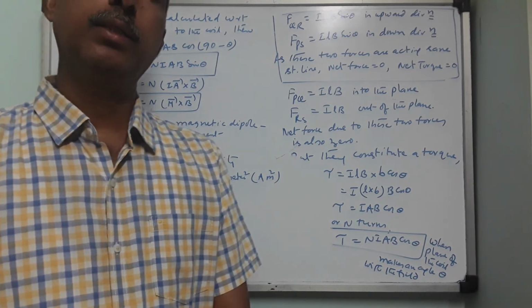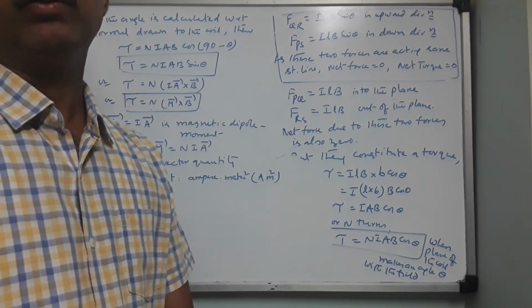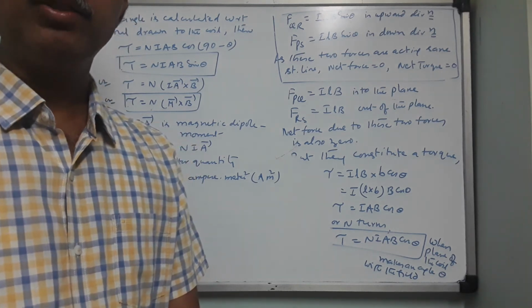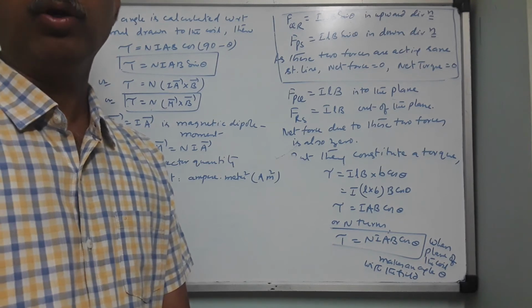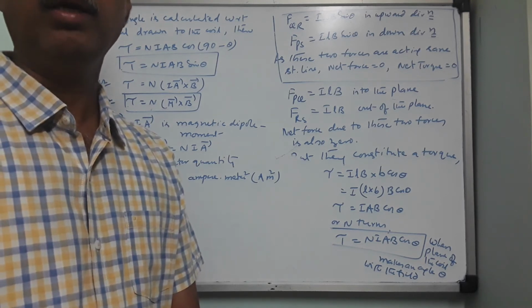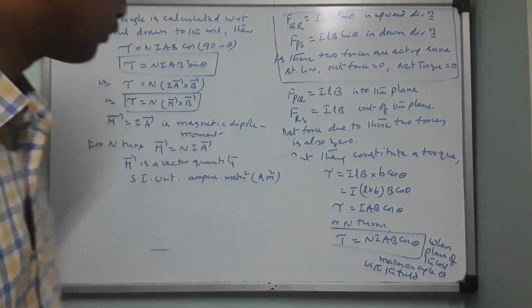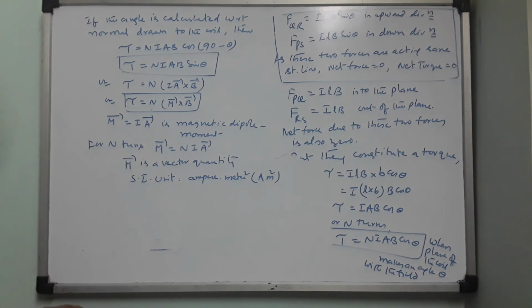As a result, two motions are possible simultaneously, rotational as well as translational. Very, very important point. Okay, right. So torque we have defined and magnetic dipole moment also we have calculated. Fine.